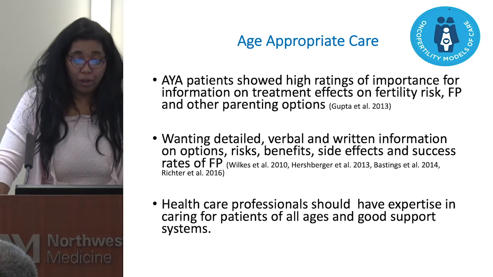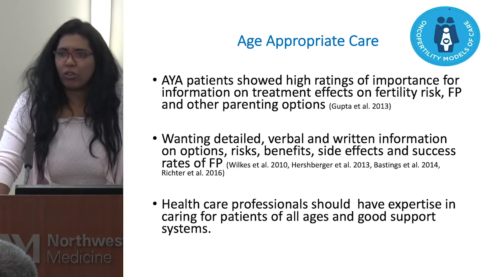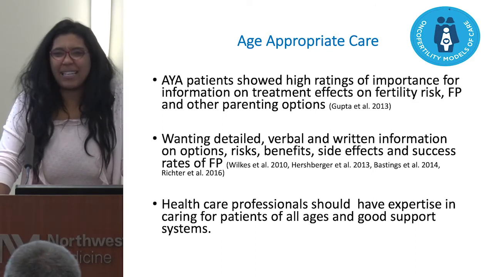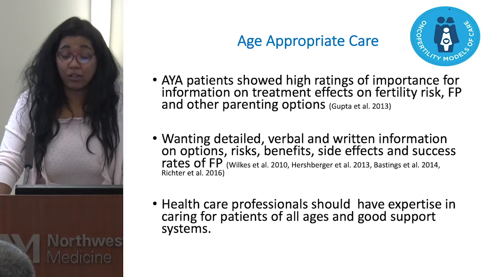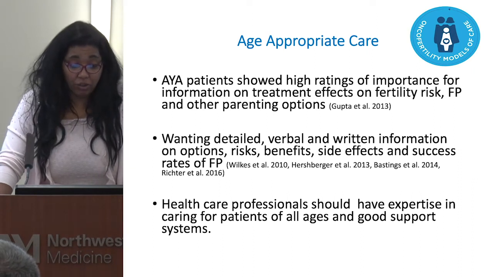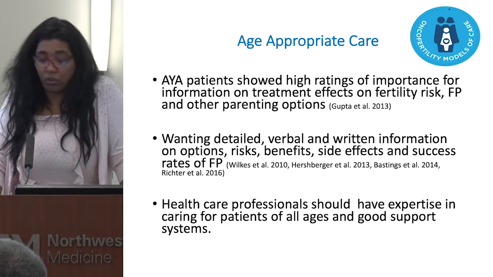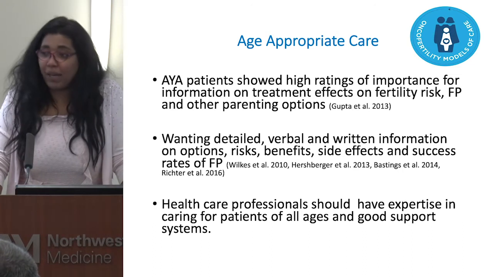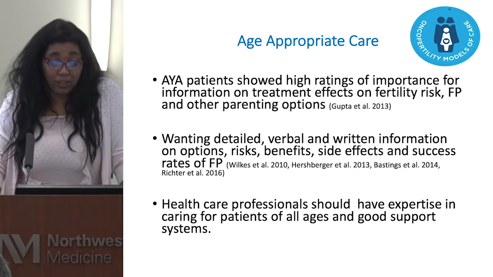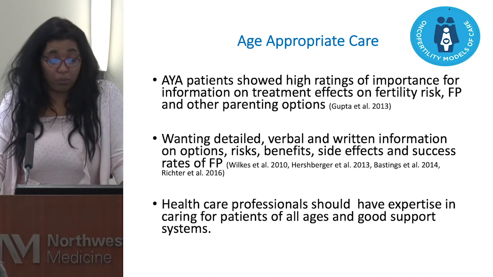So with age-appropriate care, we really wanted to look in this review whether there was any difference between our younger patients and our older patients. And essentially, IWA patients showed really high ratings for the importance of this information, irrespective of what their decisions in the future are going to be about parenting options.